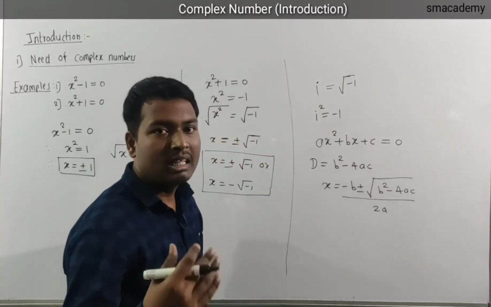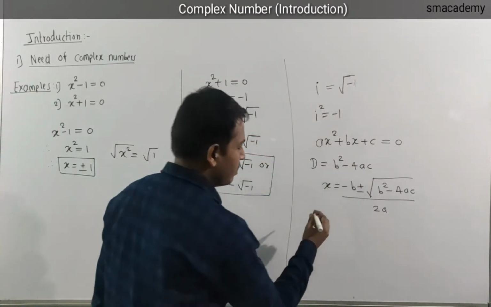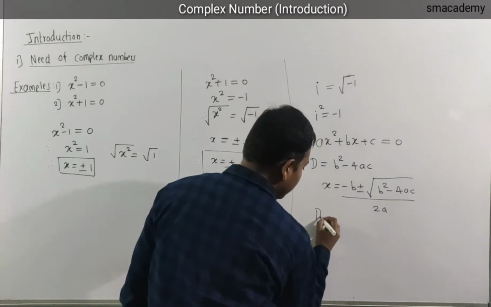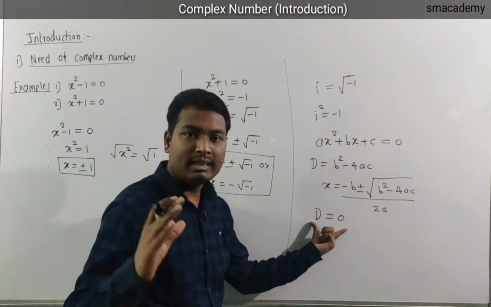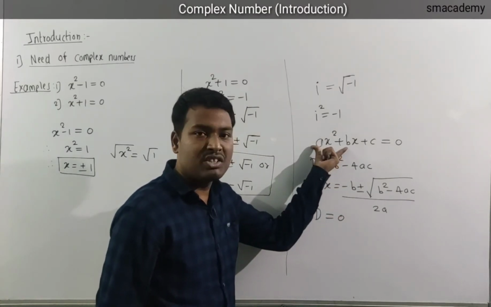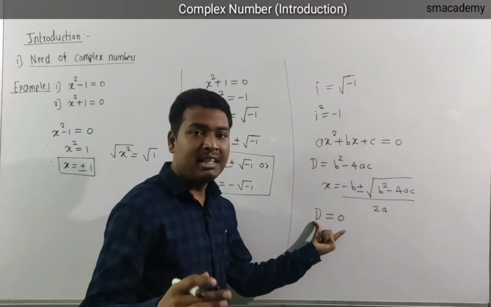Okay. Now here we see the three types of discriminant. If capital D is equal to 0, then the roots of this quadratic equation are identical roots.